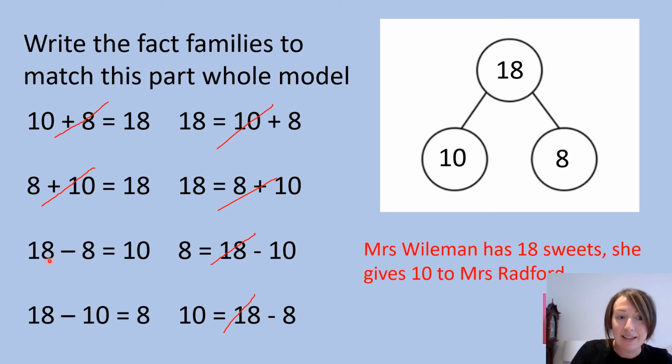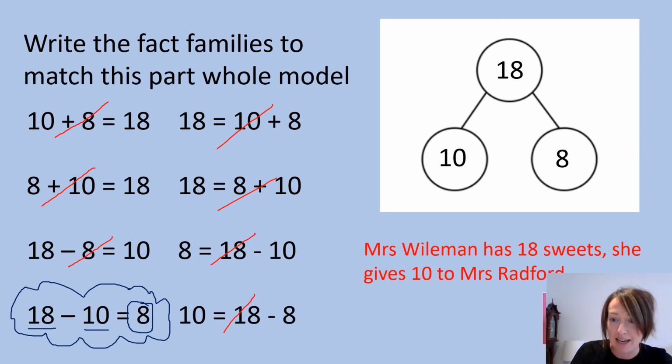In this one, I was only taking away 8. So that's it. Get rid of this one. And I know that it must be this one. Let's see if it fits. Mrs. Wildman has 18 sweets. She gives 10 to Mrs. Radford. And I would work out that I've got 8 as my answer.